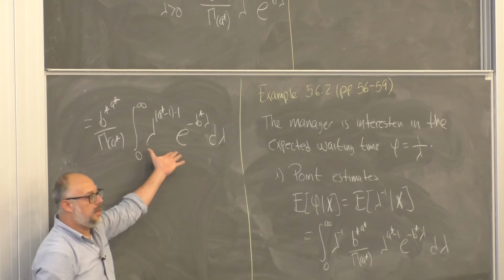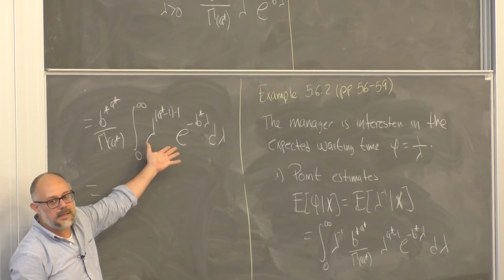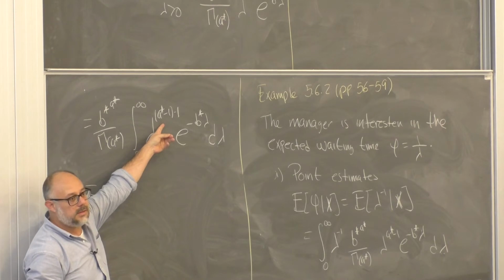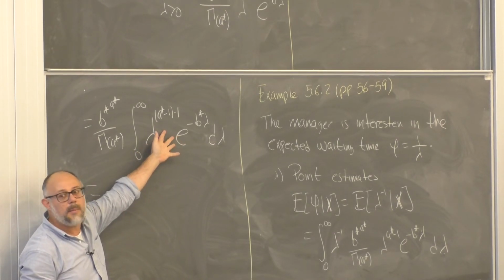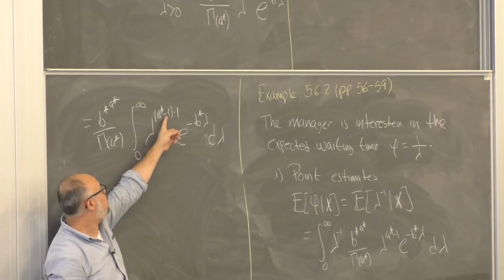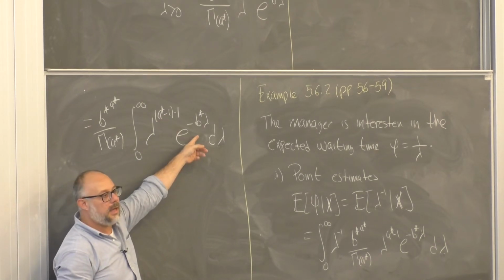So again, we can notice, and that's the reason why I'm writing this integral in this way, that this looks like a gamma distribution with parameters a star minus 1 and b star.